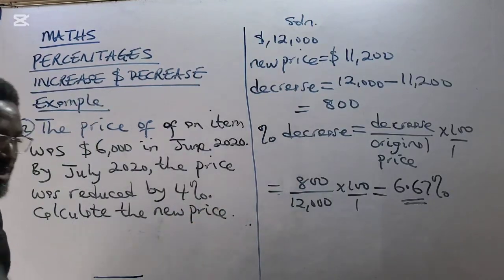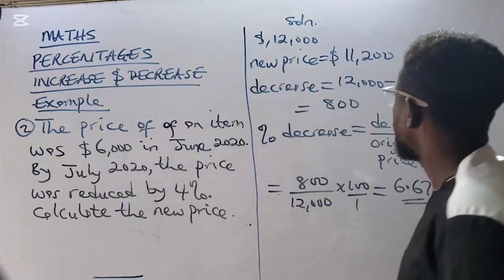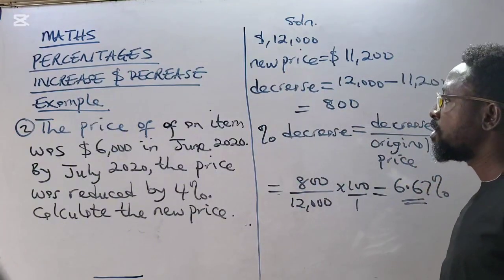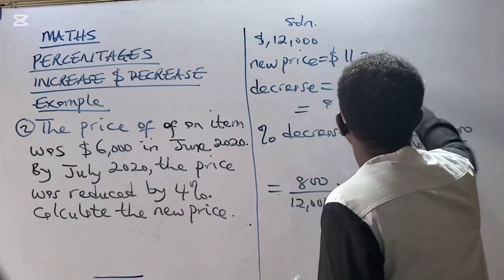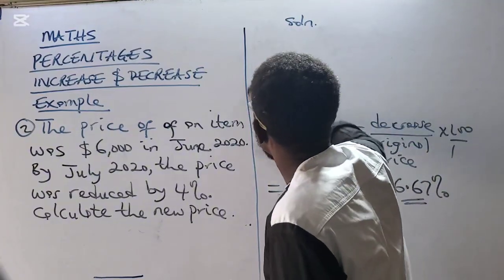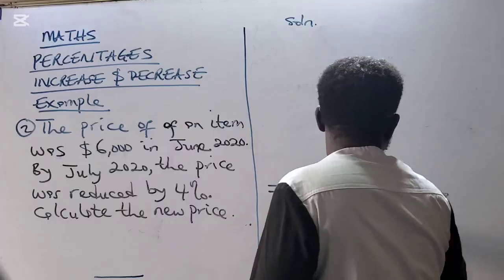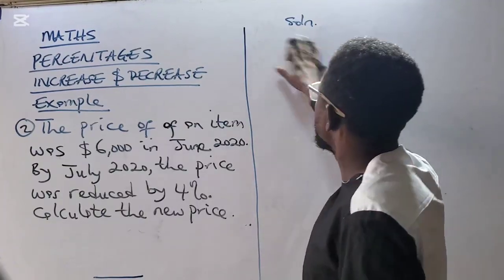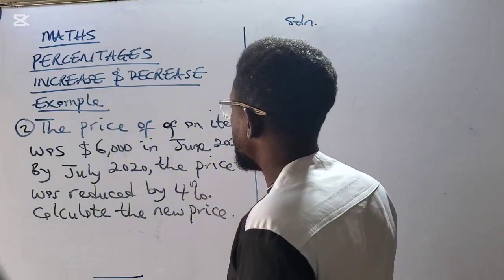Now, if you have something like this, to calculate the new price, we use the same word formula. Percentage decrease is decrease over original price times 100 over 1. After calculating the decrease, we subtract the decrease from the original value. So what I'll do first is get the decrease.